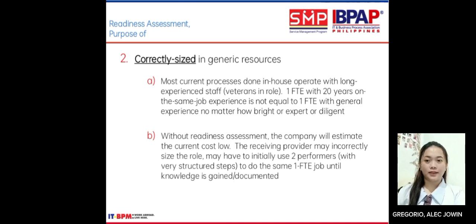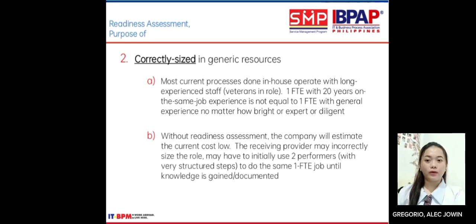Number 2 of process readiness assessment: correctly size resources. A. Most current processes done in-house operate with long-experienced staff, veterans in their roles. One FTE with 20 years on the same job is not equal to one FTE with general experience, no matter how bright, expert, or diligent.